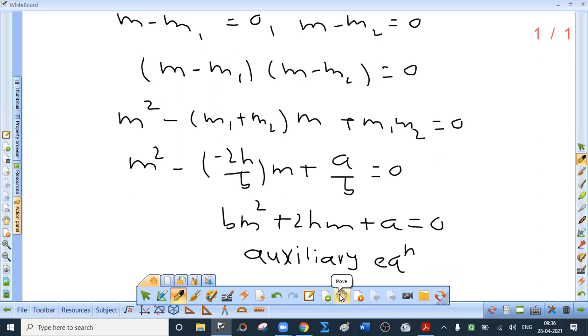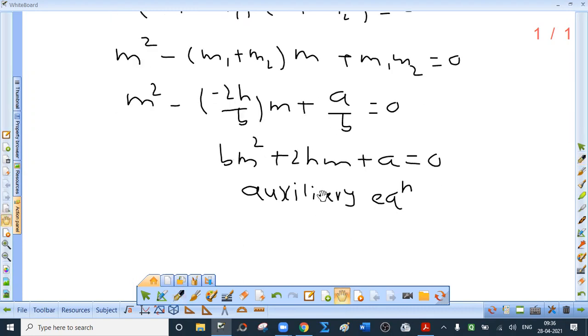See, I will explain that. What is the original equation? Ax square plus twice hxy plus by square equal to 0. You may say we will divide by x square and so on. Yes, that is correct. But by observation, you should be able to obtain the auxiliary equation from this. Working rule is simple.